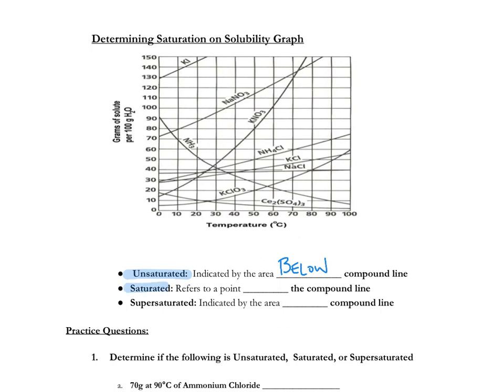A saturated solution refers to a point that is on the line, and a supersaturated solution is a point that is above the line. So you can be either below the line, on the line, or above the line. Unsaturated is below the line. If you're on the line, it's saturated. If you are above the line in the graph, it is considered supersaturated.